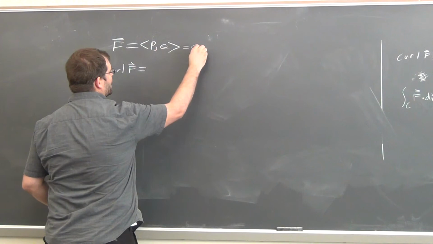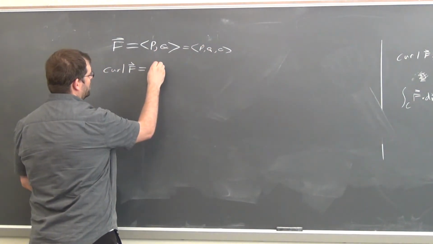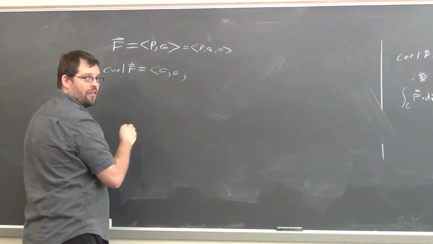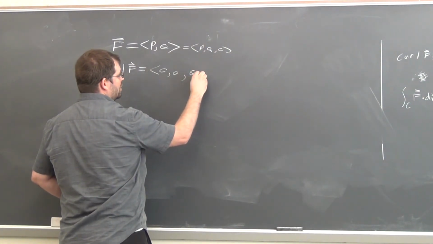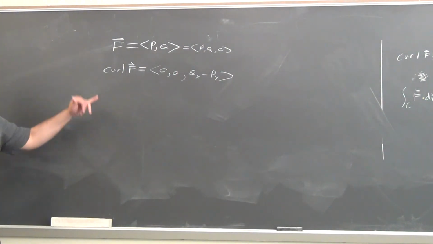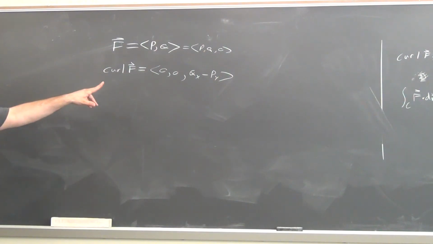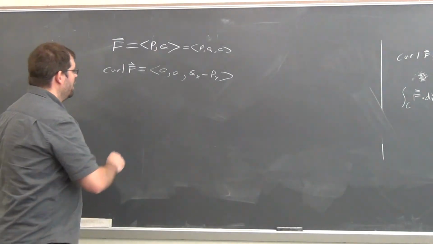You have to first view it as PQ0, right? You throw in that extra term, and then we get 0, 0, right? And then, I think we did this before, Q sub x minus P sub y, right? And so the curl of a two-dimensional vector being 0 is equivalent to this equaling 0. Does that make sense?